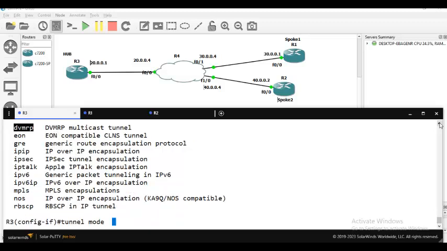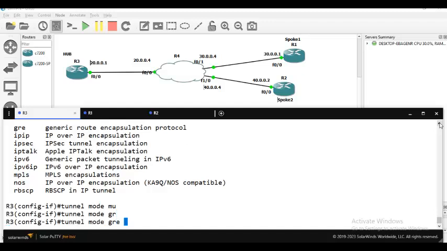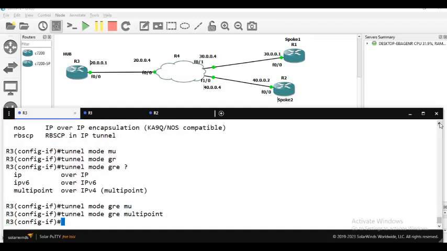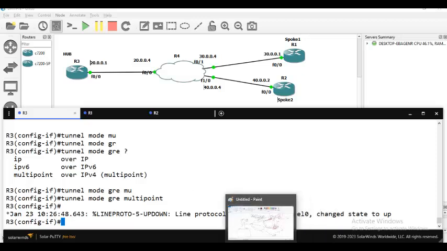This is equal to mode DMVPN. I told you the other operating systems, the high-end operating systems, will have DMVPN. Directly you can say DMVPN, but here you need to say GRE multi-point. Put the same command on all other devices.